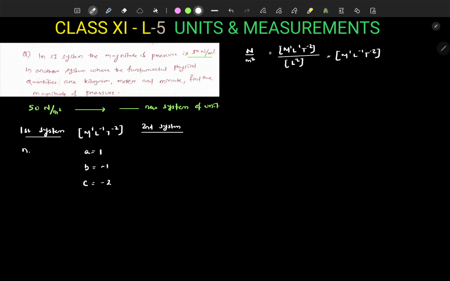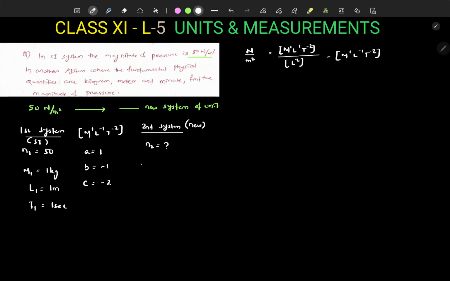In the first system N1 is 50, so N2 is equal to question mark. The first system is the SI system and the second system is the new system. In SI, the M1 value is 1 kg, L1 value is 1 meter, and T1 value is 1 second.